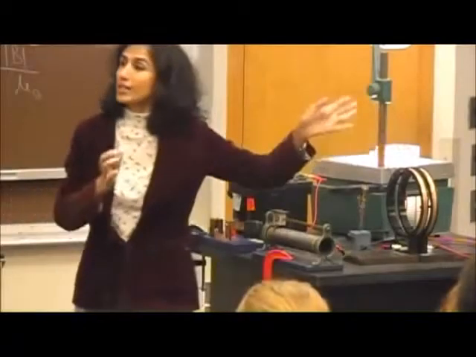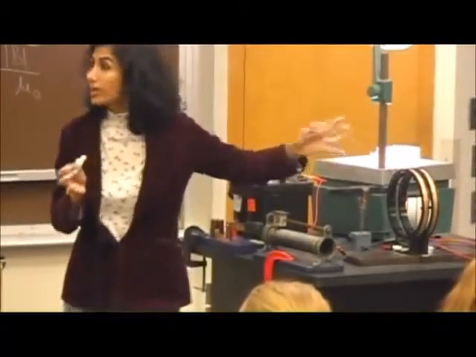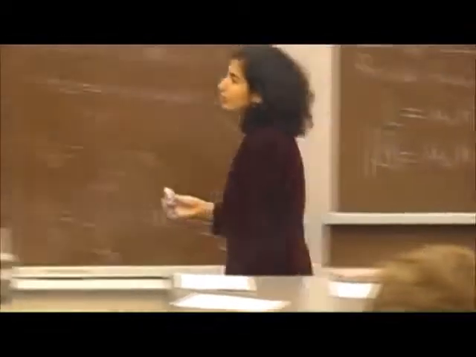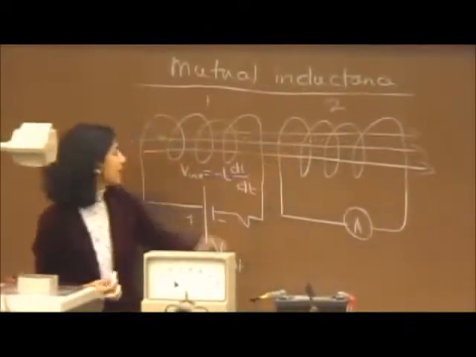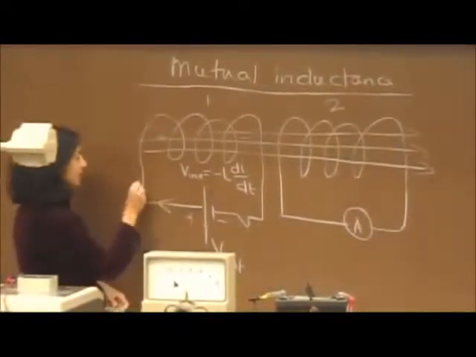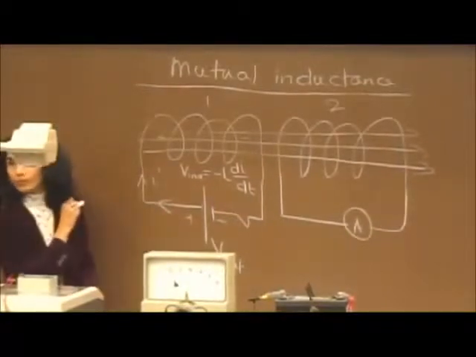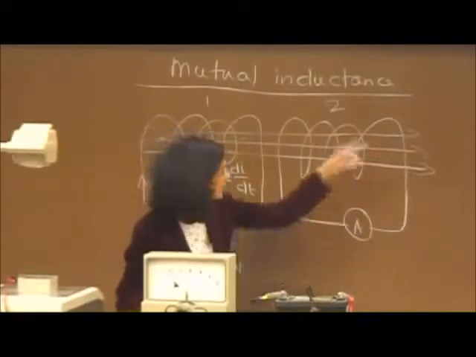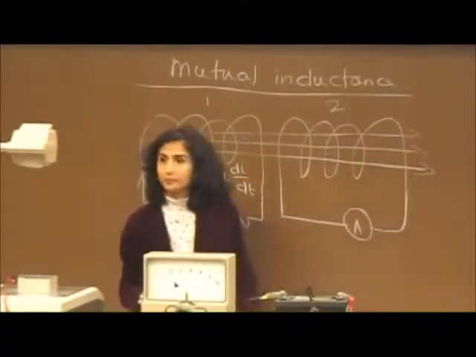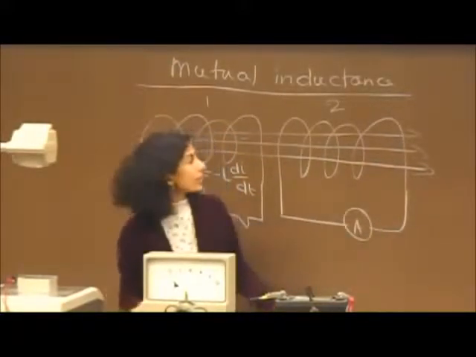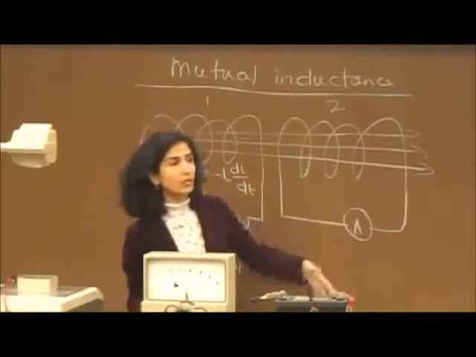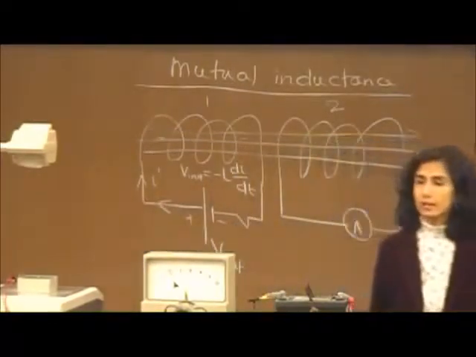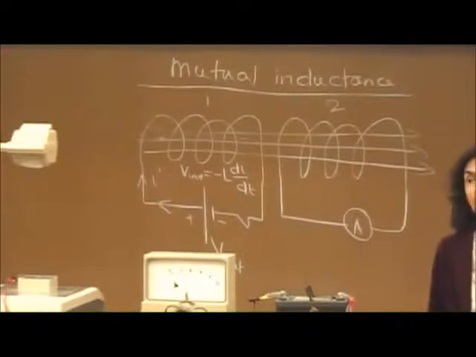Even this coil opposes a change in flux through it because it is sitting right next to the first coil, and so the magnetic field lines due to the current in this circuit are looping through the other one as well, and hence there is an induced current here. And this phenomenon by which you induce a current in the other coil is called the phenomenon of mutual inductance.